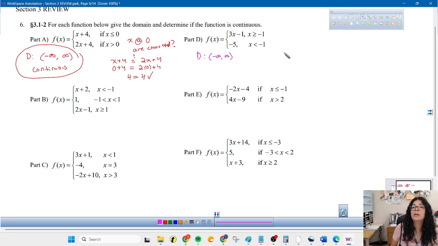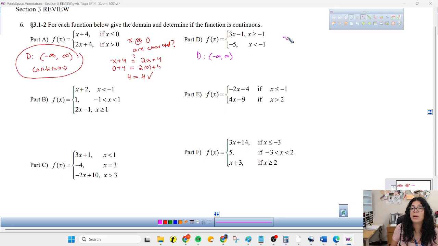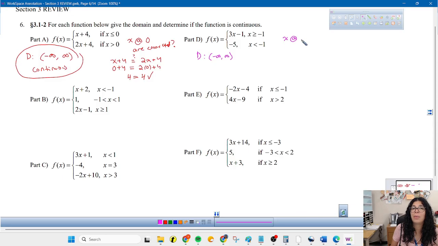Now, is it continuous? Well, the breaking point here is that we stop with x at the x value of -1. So are they connected at the x value of -1? Let's check. So is 3x minus 1 equal to the -5 at that x value of -1?